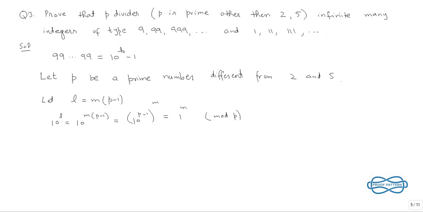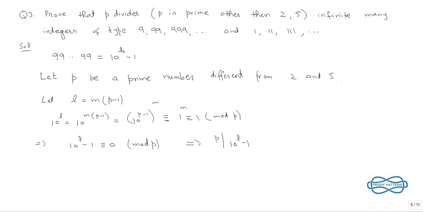Now 1 to the power m is also congruent to 1 mod p, and this means 10 to the power L minus 1 is congruent to 0 mod p, and hence p divides 10 to the power L minus 1. L is an integer.